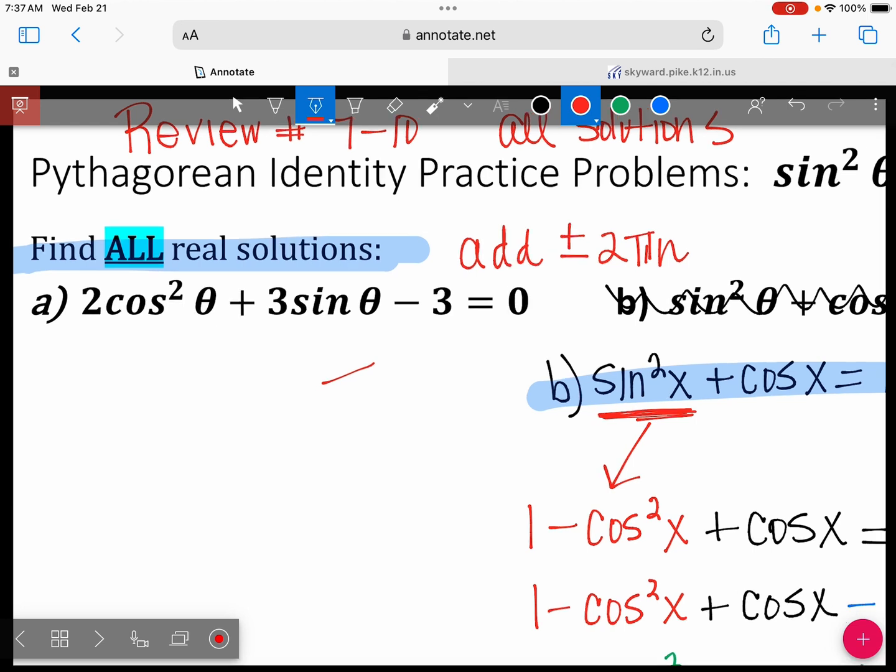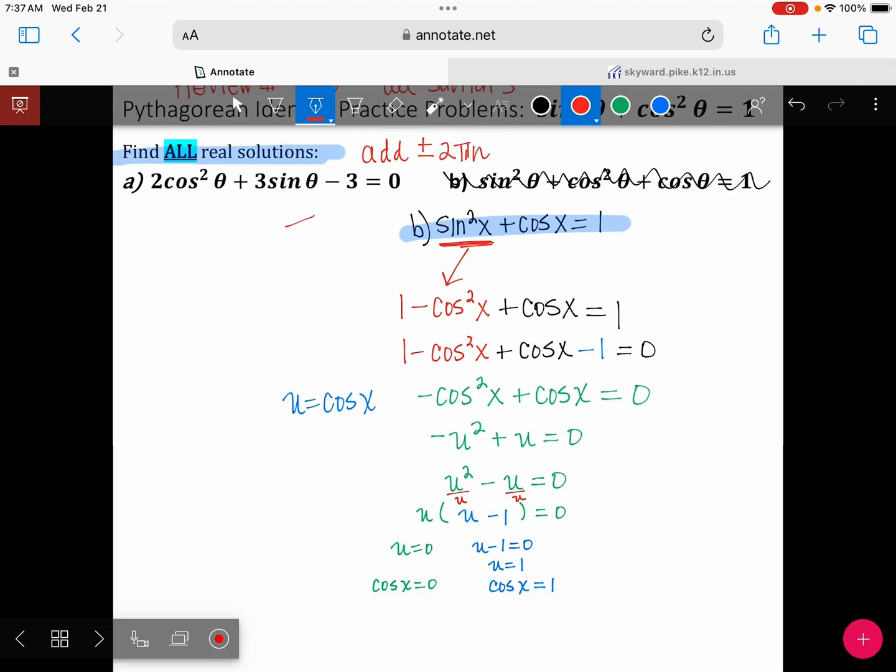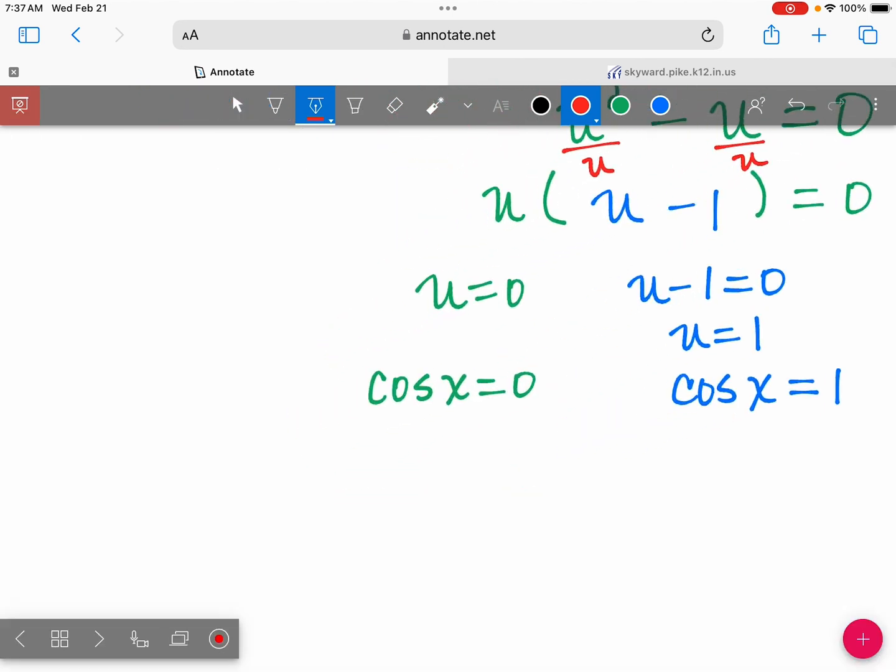So when we figured out that our first angle was x equals, what did you say the first one for 0 would be? So it's pi over 2, but I need to add plus minus 2 pi n. So it's 90 degrees plus 360 over and over and over, or minus 360 over and over and over.